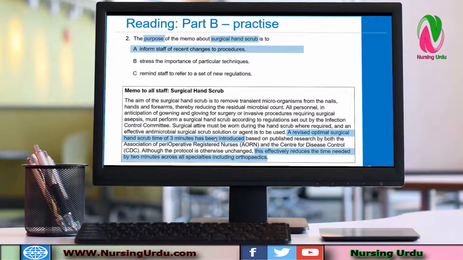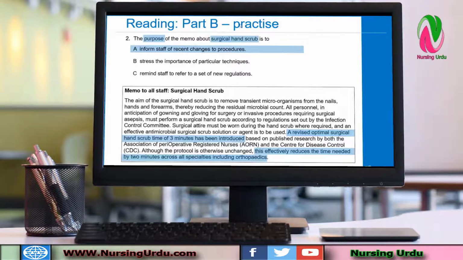So this is new information being brought to the attention of the staff. And then it says this effectively reduces the time needed by 2 minutes across all specialties, including orthopedics. So the purpose of writing this is to let them know there's new information. That would match with inform staff of recent changes to procedures.